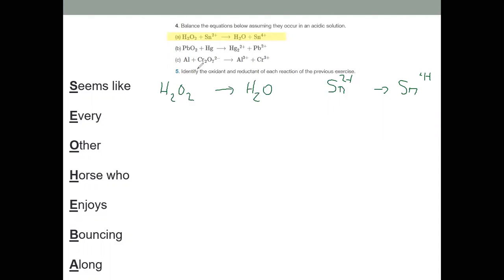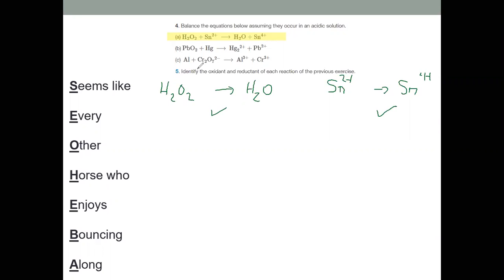All right, so the hydrogen peroxide here, let's go ahead and balance the elements. The hydrogen peroxide half reaction only has oxygen and hydrogen, so that balances. So far so good, at least. And then the Sn 2 to Sn 4, that's balanced.